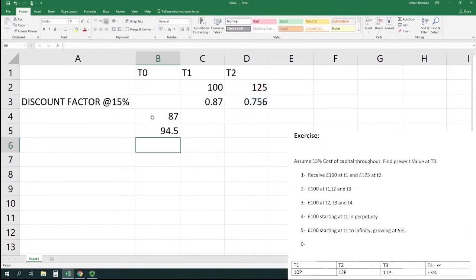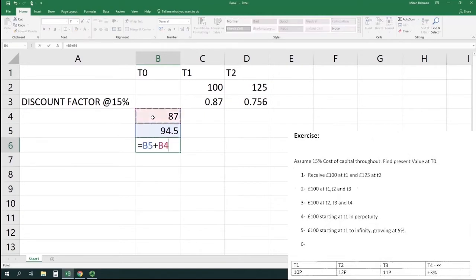The value of £1 received after 1 year, if the cost of capital is 15%, is 87 pence, so £100 is £87, and the value of £125 received under 15% is £94.5. So this is a situation in developing countries nowadays. We can see developing countries with higher inflation rates. We have this situation.